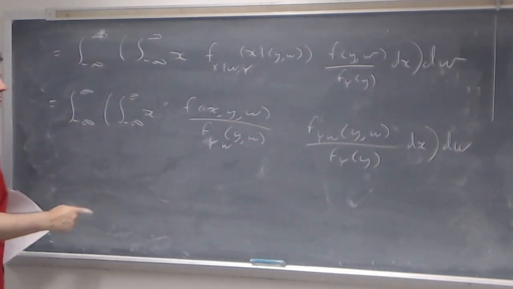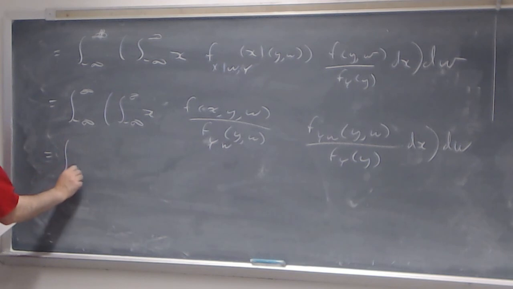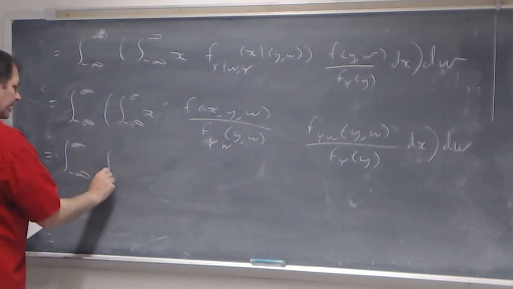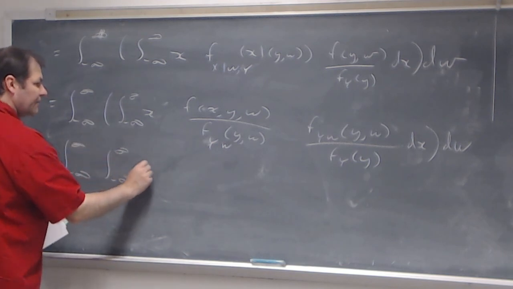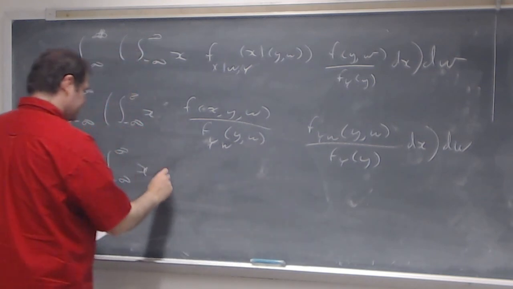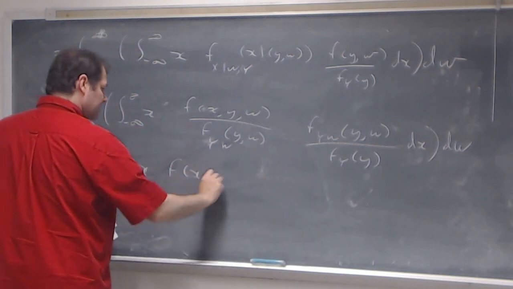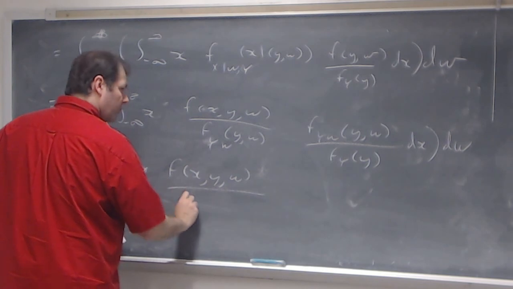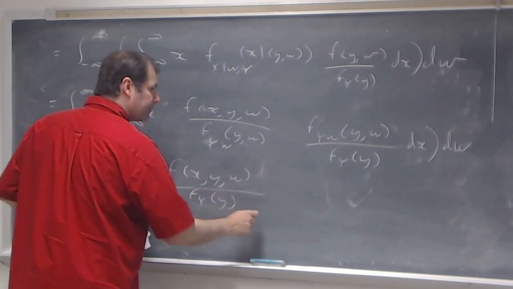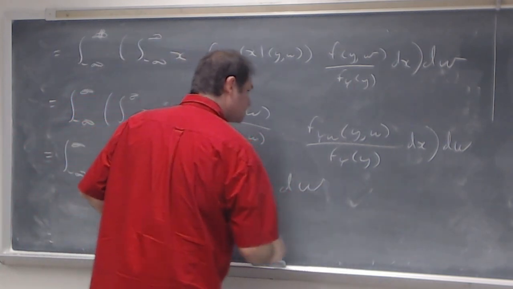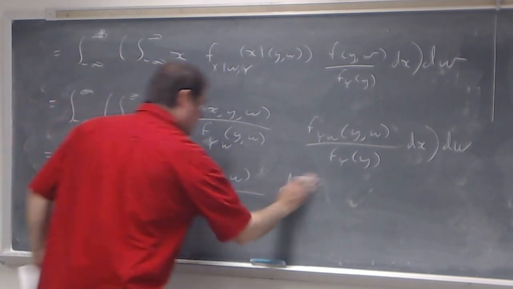And then there are cancellations that occur. So the integral from minus infinity to infinity, integral from minus infinity to infinity of x. These two cancel. I'm left with f of x, y, w over f sub y of y, dx dw.